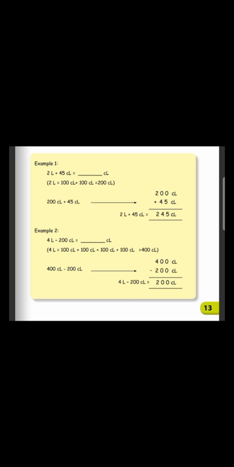Then we take 400, we minus 200, it gives us 200. 400 centiliters minus 200 centiliters is equal to 200 centiliters. Follow on the board in order to understand this better.